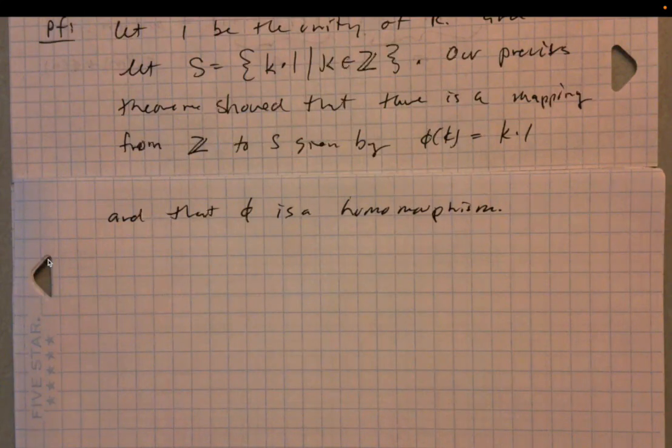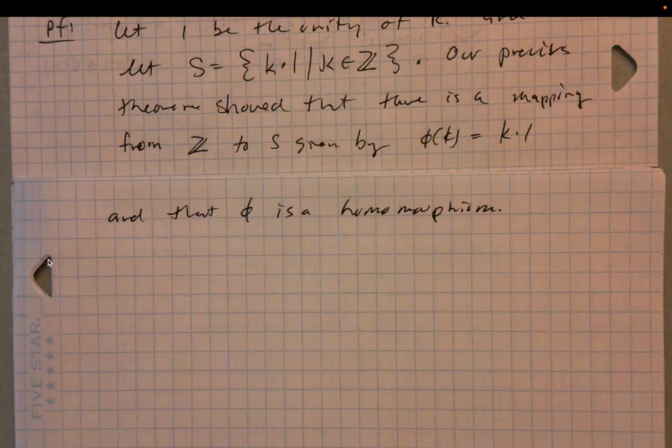So then, by the first isomorphism theorem, what was the first isomorphism theorem? It said that if phi is a ring homomorphism from R to S, then the mapping from R mod ker phi to phi of R, given by r plus ker phi, is an isomorphism. So basically it said that R mod ker phi is isomorphic to phi of R, right?